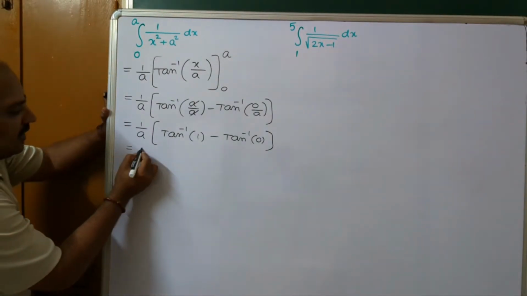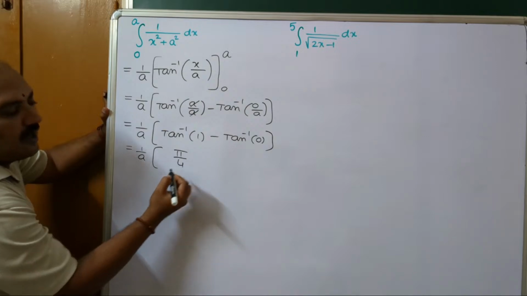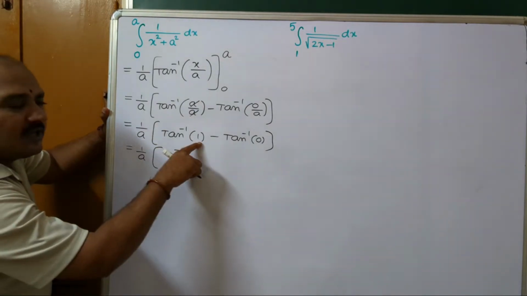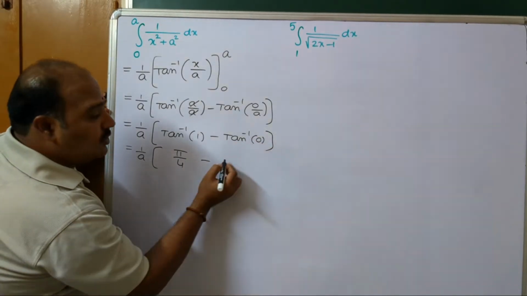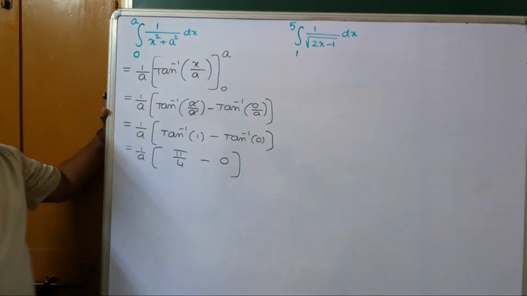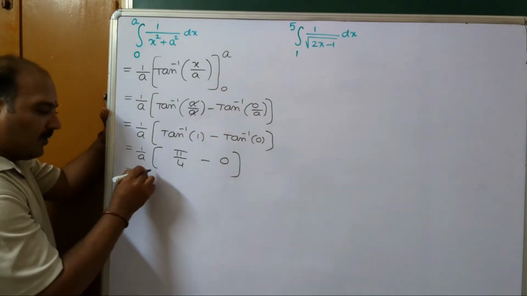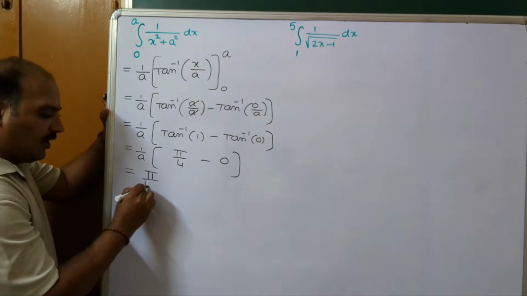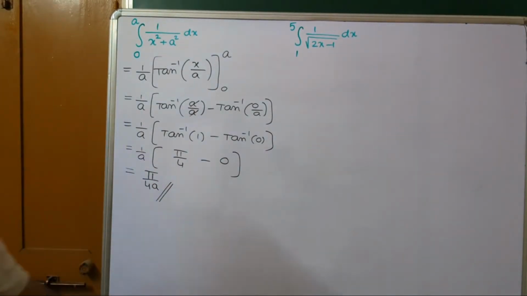Tan inverse of 1 is pi by 4, minus tan inverse of 0, which is 0. So 1 by a into pi by 4, that is pi by 4a. This is the way you can do that.